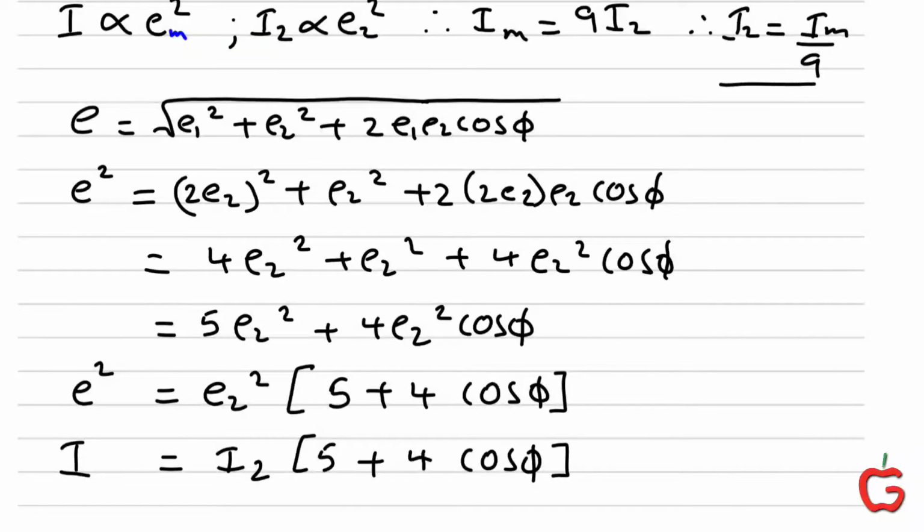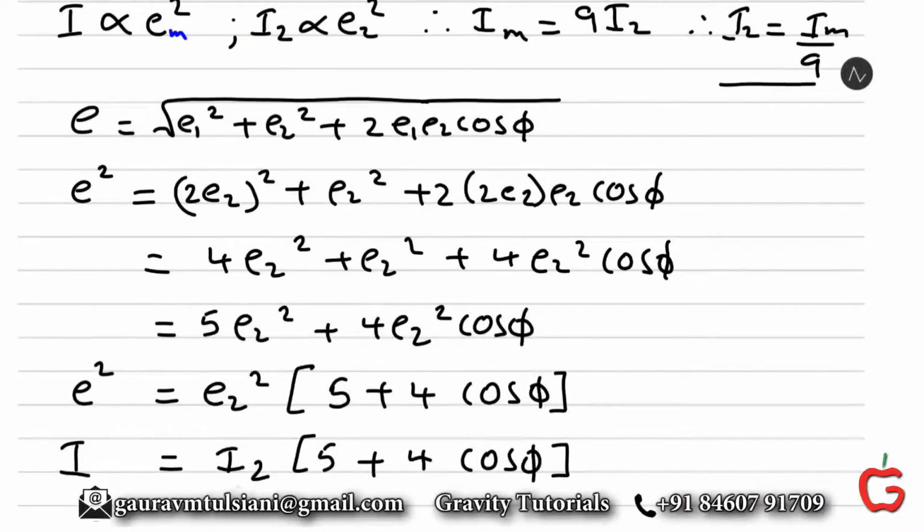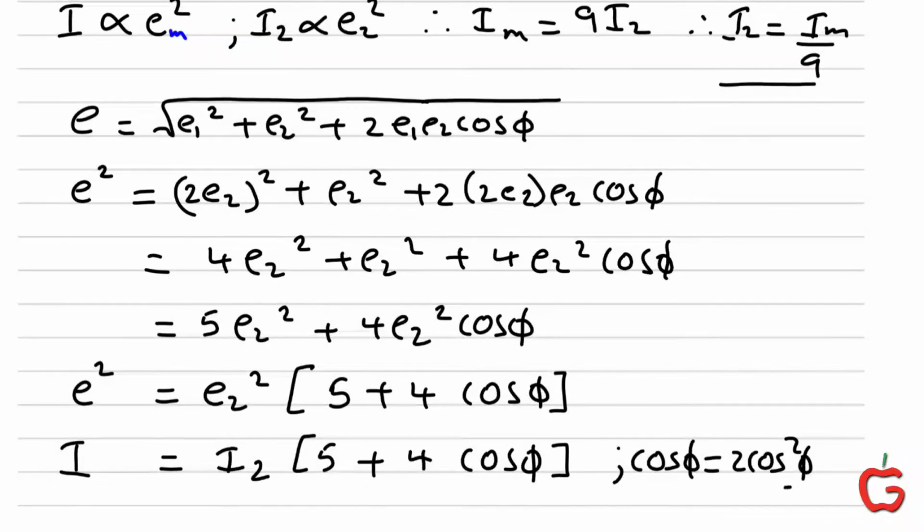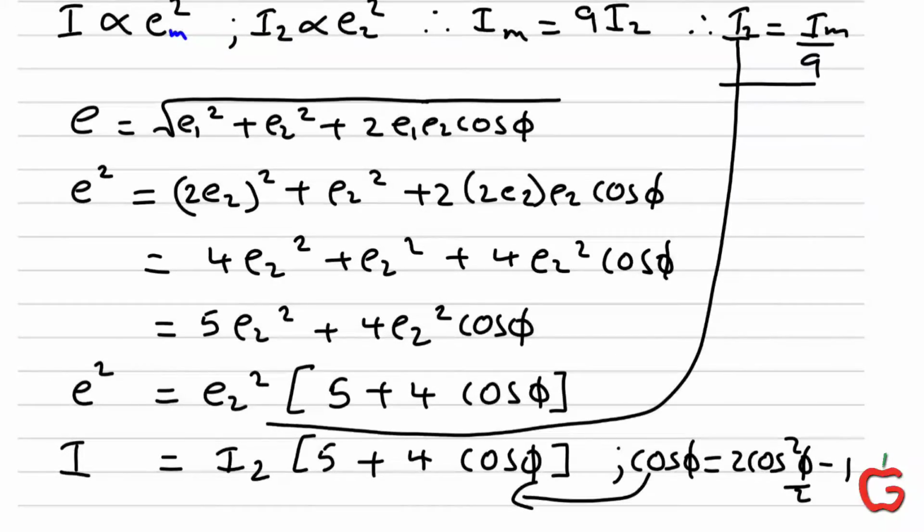So we have to substitute this in this equation, and instead of cos phi we can have 2 cos square phi by 2 minus 1. So let's do these two substitutions in this equation. We substitute cos phi from here and we substitute I2 from here.